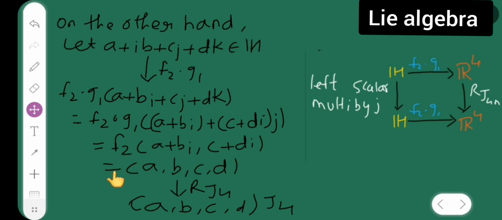Now F2 into this is a comma b comma c comma d, and this is whatever I got, R4. And now J4n here, and now what I have to do is a comma b comma c comma d into J4. So I have to get this in the final, then this into this. I'll continue on the next page.